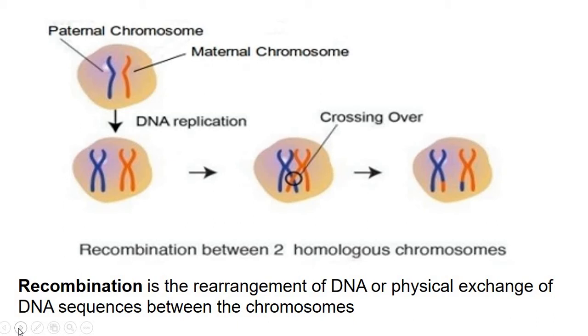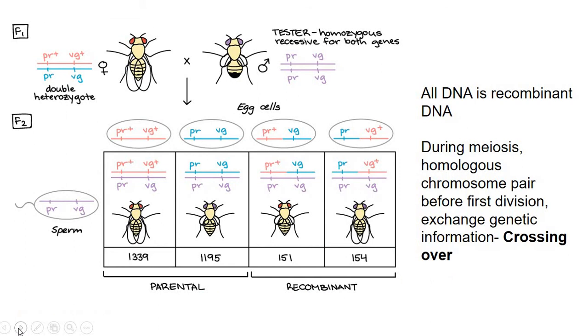But this information can be exchanged between the maternal and paternal chromosomes during meiosis at crossing over, and that's what recombination is. So here in this example, we have these two genes, one on the maternal chromosome, one on the paternal chromosome.